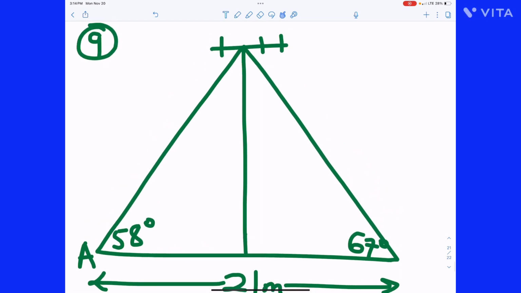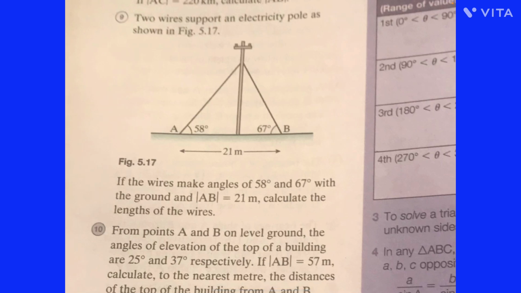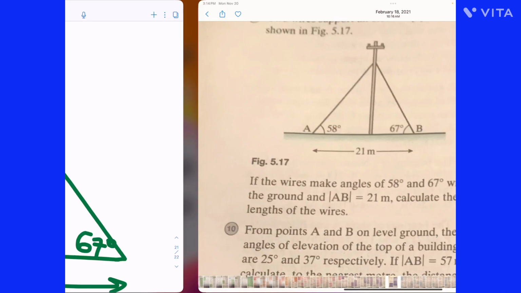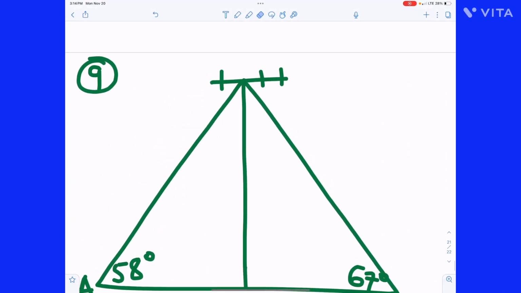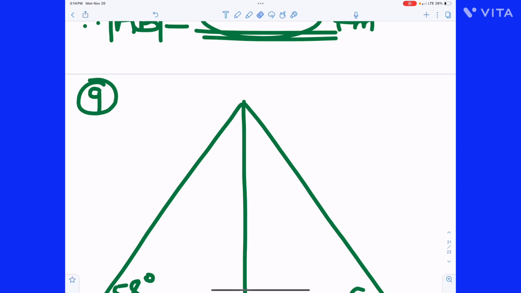So the question says we should calculate the length of the wires. I think I should correct this. The pole actually goes up beyond the point of support, so let's extend the pole here.